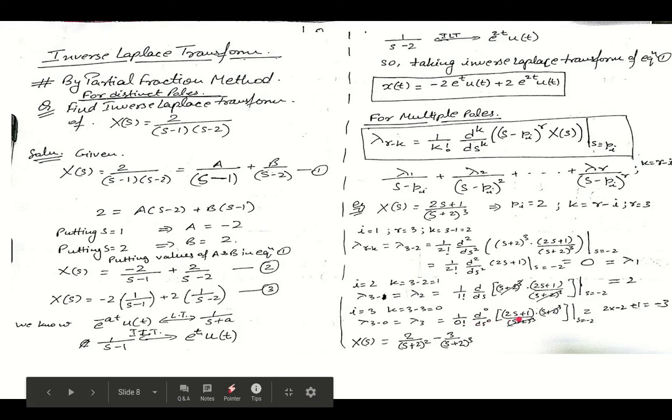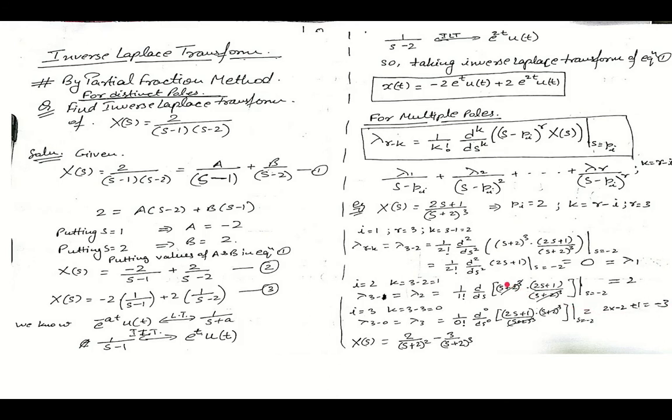So after putting the values of s in this equation, 2s plus 1, if I put the value of s is equal to minus 2, it will give me minus 3, since 2 into minus 2 will be minus 4 plus 1, and it will give me minus 3.